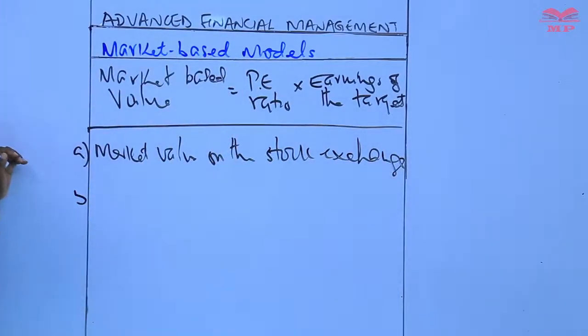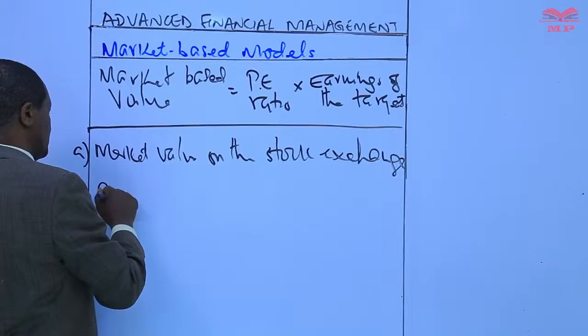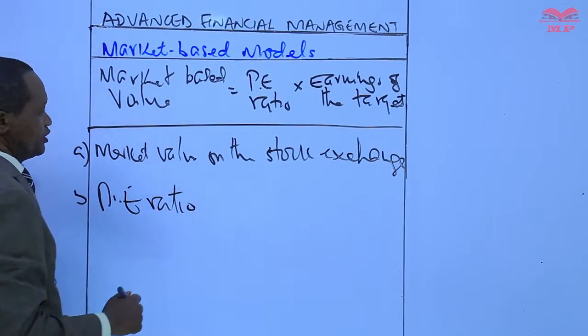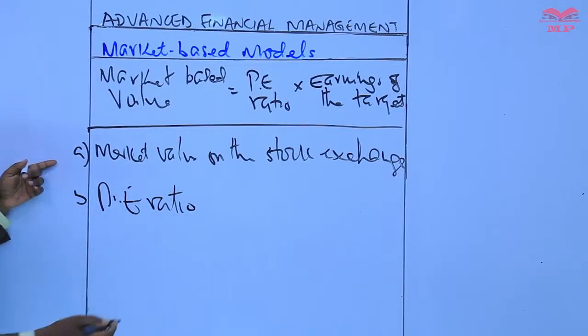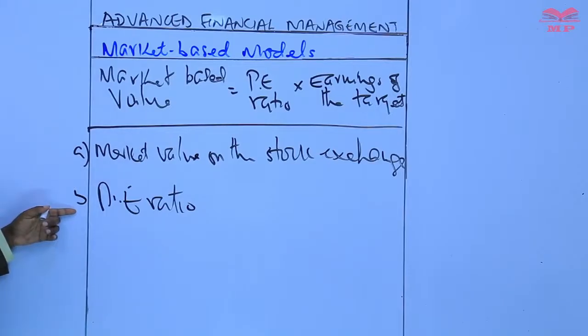Then number 2, we have the price earnings ratio method. These methods could be based on the market value on the stock exchange or the PE ratio.